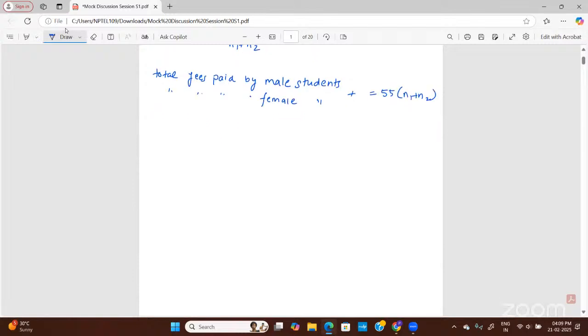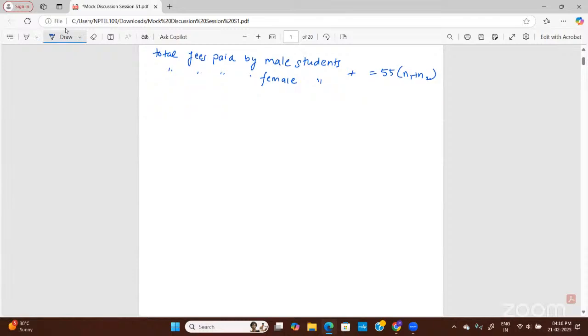Now, if we talk about the average fees paid by the male students only, that is given to us as 40.